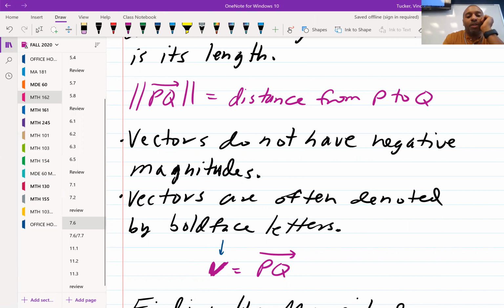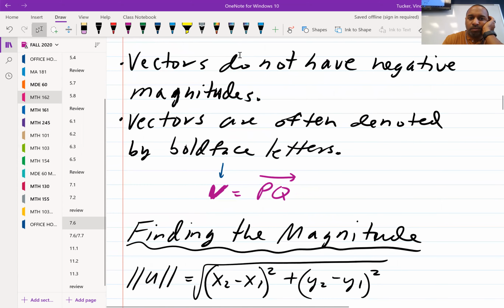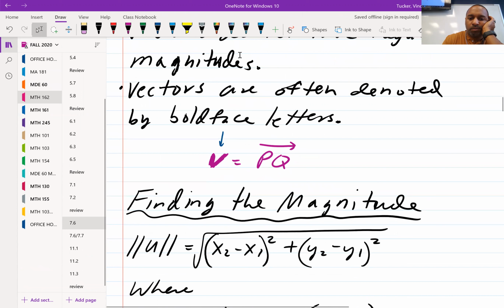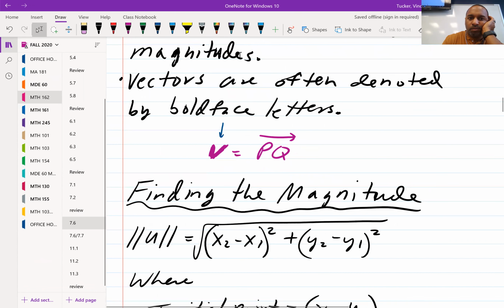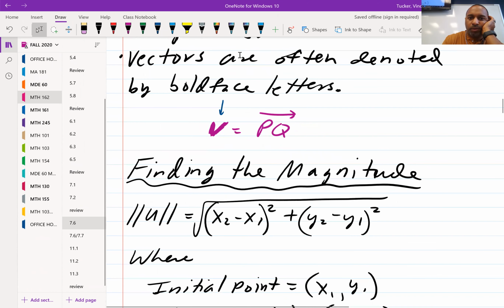But when you see it in the book or in MyMathLab, your vectors will be boldface. If I go too far, let me know.